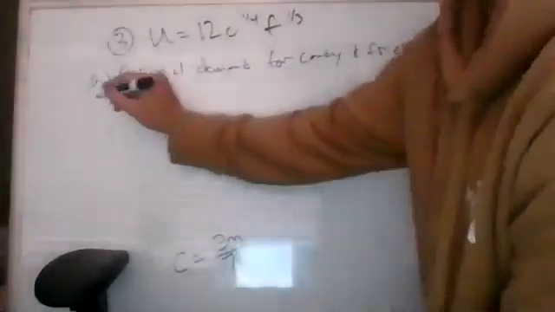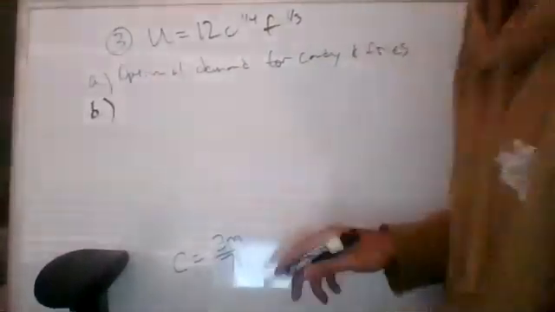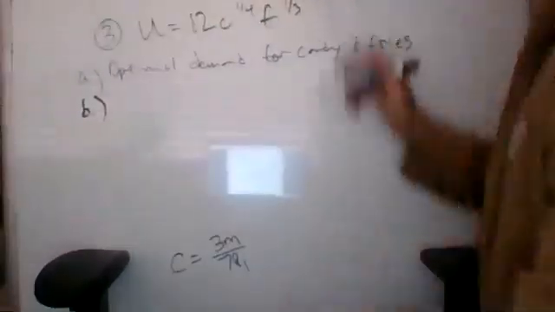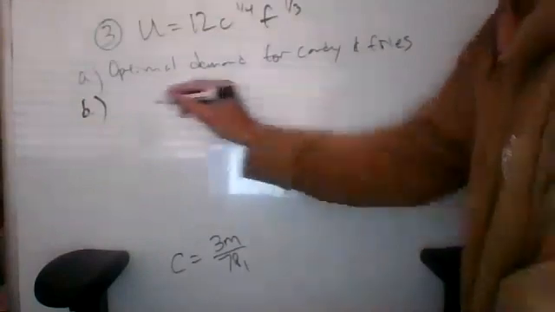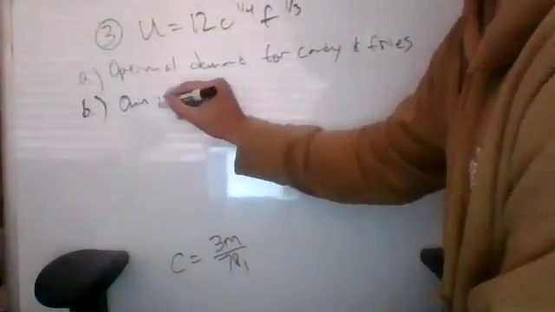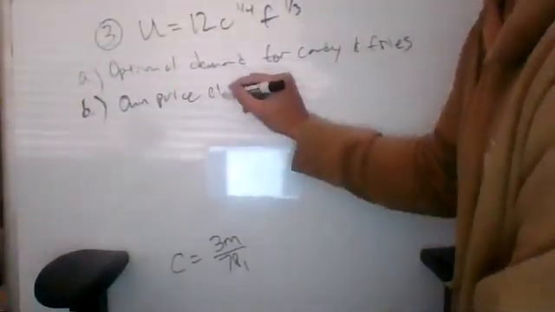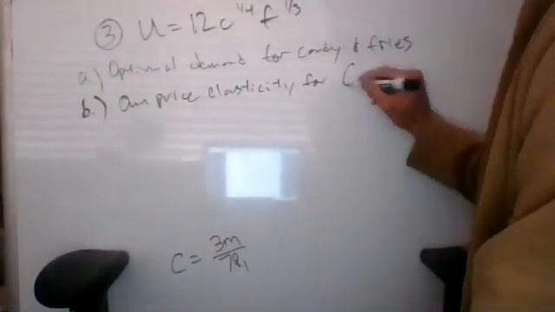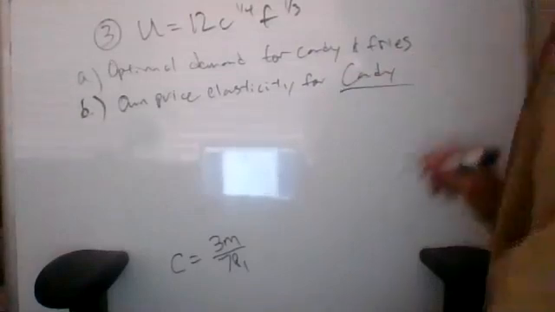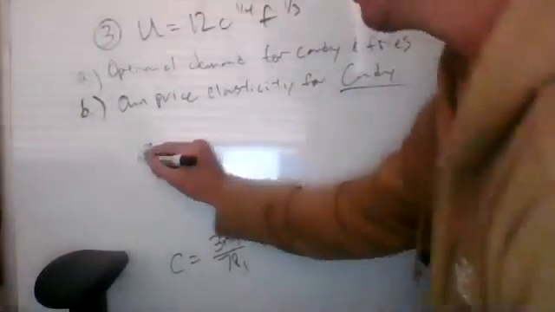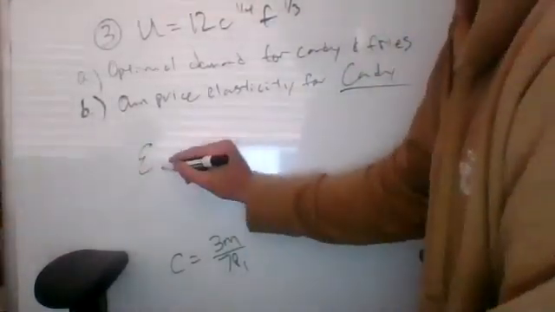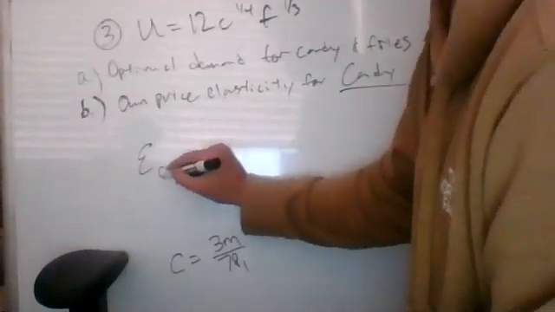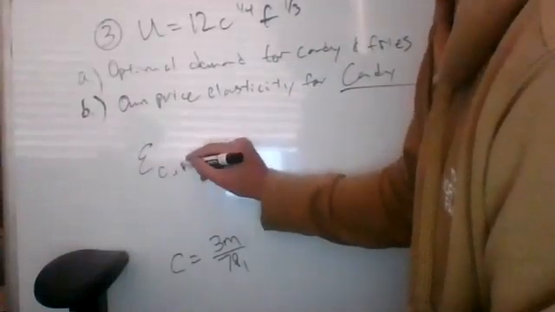But we're given question B, except that instead of French fries, we're going to use candy. So own price elasticity for candy, right? We have the elasticity equation, right? So this will be for candy with P1.